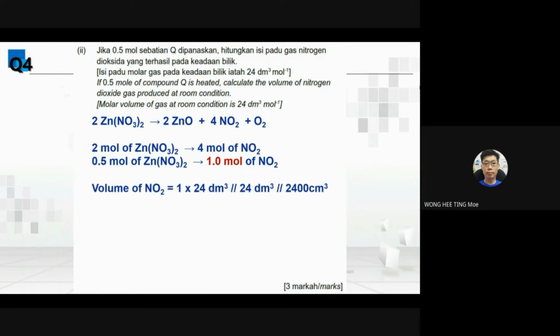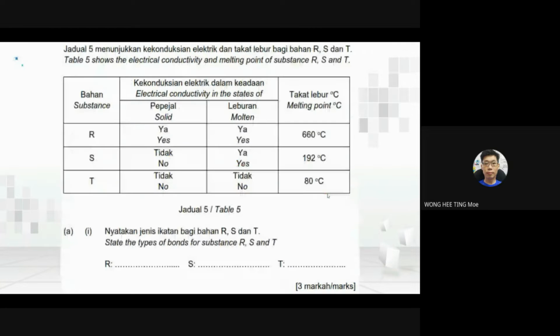So volume is 1 times 24, so 24 cubic decimeter or 24,000 cubic centimeter. Okay, it's 24 cubic decimeter. The unit must be taken correctly.